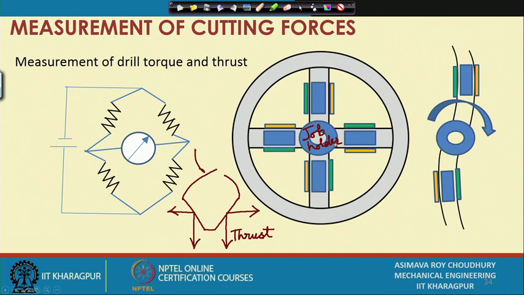The job is held here and it is drilled from the top surface. A drill comes and drills it, so that the thrust will be bending them as cantilevers. So, if you have strain gauge 1, strain gauge 1, strain gauge 2, etc. All these similarly colored strain gauges, they will be bending and they will be in tension, all of them in tension.